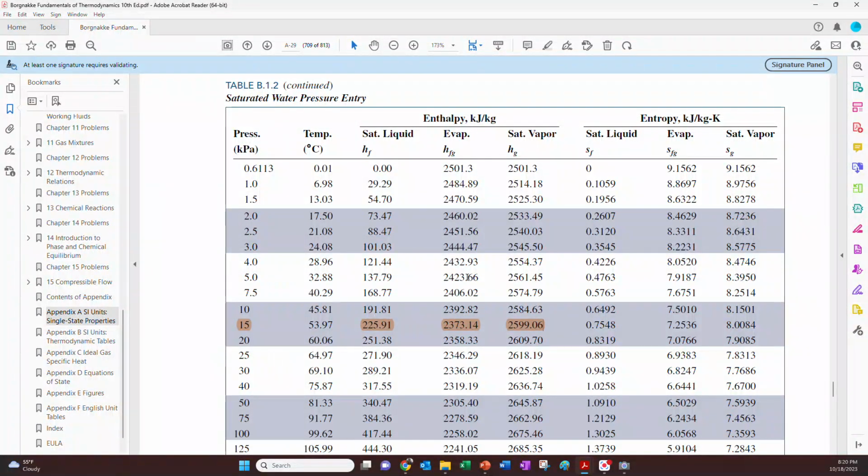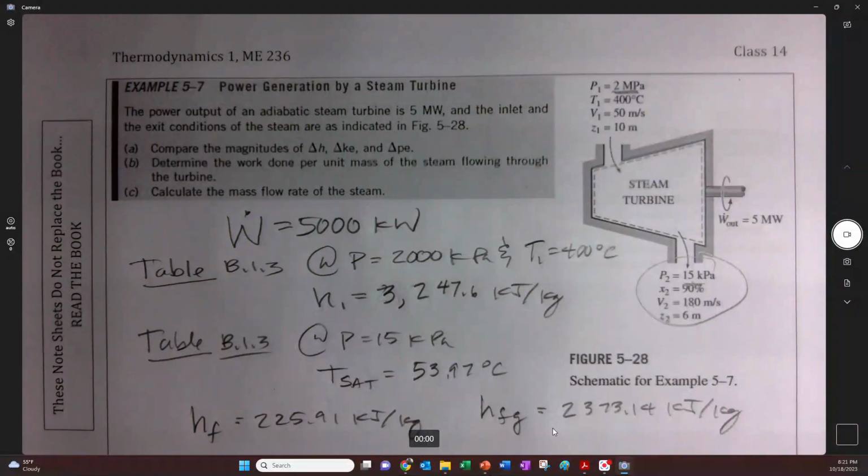Okay, so we need these values right here. First off, the saturation temperature is 53.97 degrees Celsius. HF is going to be 225.91 kilojoules per kilogram, and HFG is 2,373.14 kilojoules per kilogram. Ta-da, boom. Okay.